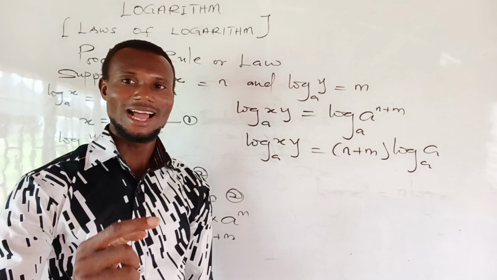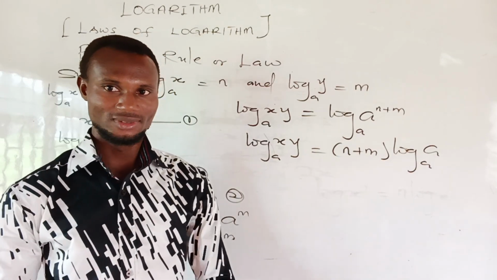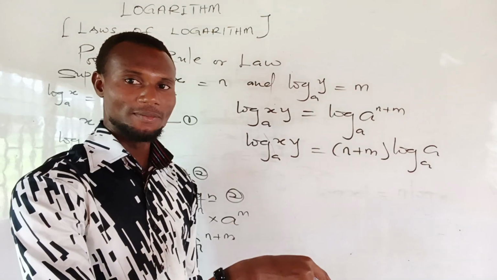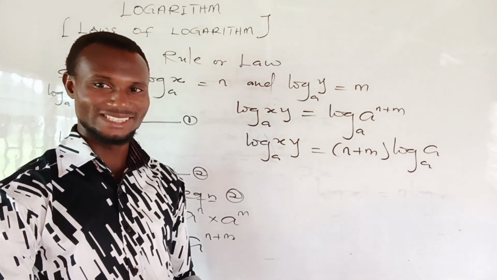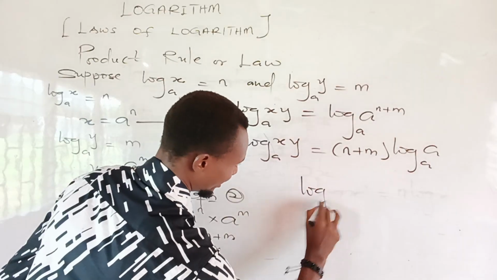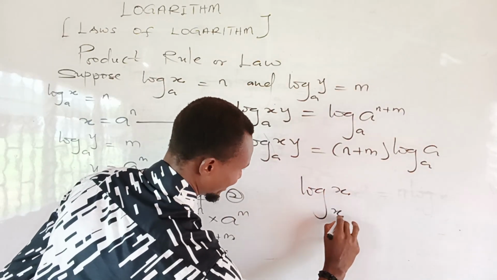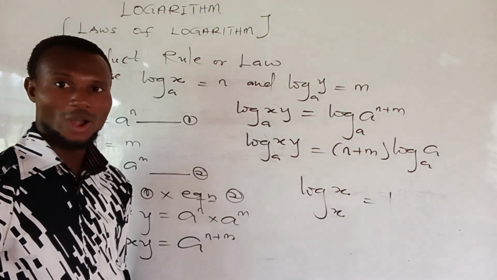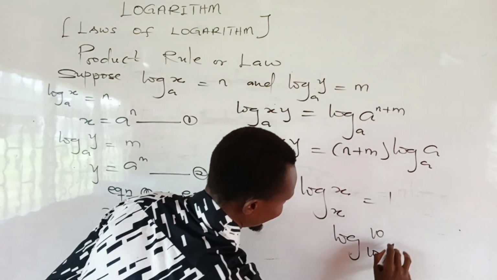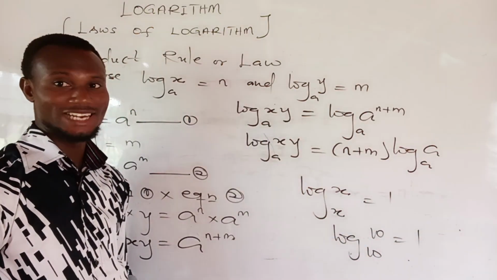Take note that I taught you another property in this video, that the log of any number to the base of that same number is always 1. Don't forget. So if I have log, let's say s to the base s, it should be equal to what? 1. If I have log 10 to the base 10, it should be equal to what? 1. That we've established.